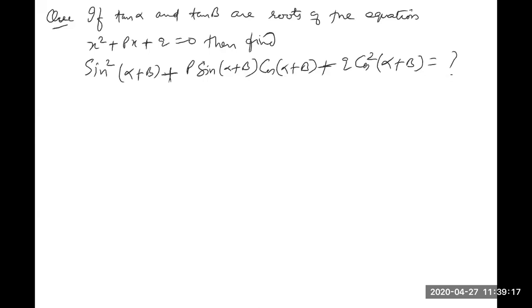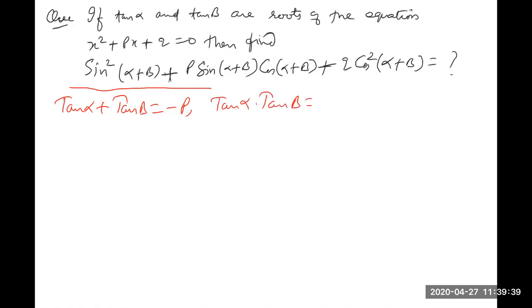So in this, tan alpha and tan beta are roots, not alpha and beta. So first, sum of the roots: tan alpha plus tan beta will be equal to minus p, and product of roots, tan alpha into tan beta, will be equal to q. From here you must get an idea why these are given.